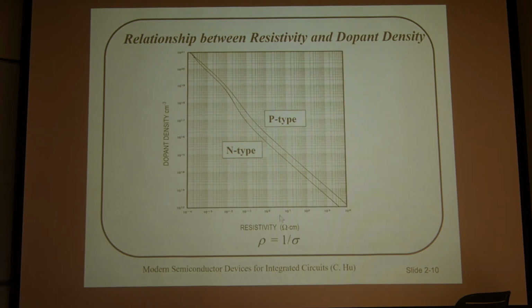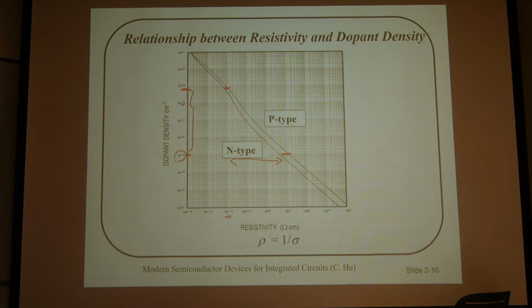So as you can see here, the typical doping density, as we discussed, is like 10 to the power 15 to 8 times 10 to the power 18, so roughly is here. This is 18. So this is the range of the practical doping density in the silicon. And then within that range, you can see the resistivity change from here to roughly here.